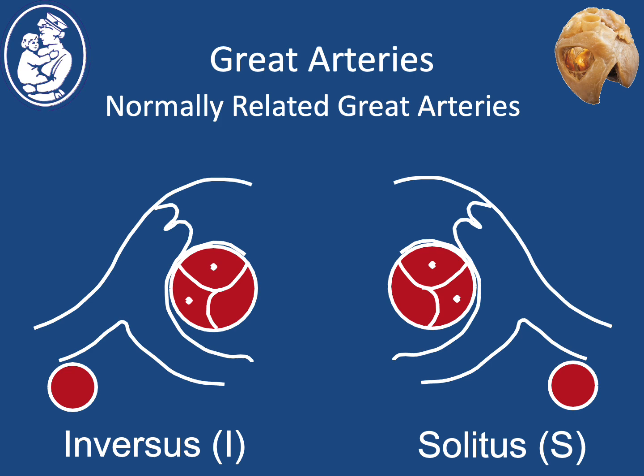In both cases, the great arteries are normally aligned with the ventricles. That is, the aorta is aligned with the left ventricle and is connected to the left ventricle by aortic to mitral fibrous continuity, and the pulmonary artery is aligned with the right ventricle and connected to the right ventricle by a subpulmonary infundibulum or conus.